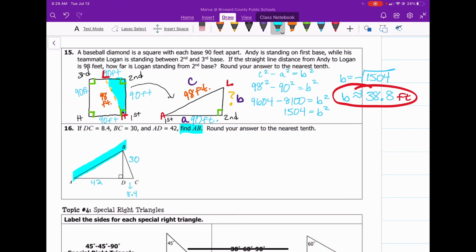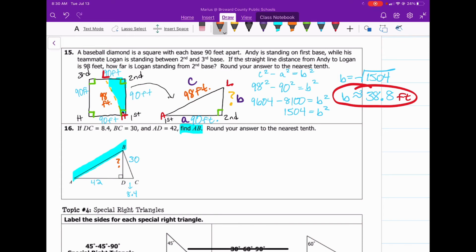Okay? So, in order to find AB, they gave us 42 right here, but we don't know what BD is. So in order to find BD, we're gonna have to start with the smaller triangle. Once again, we have to know what BD is in order to find AB.